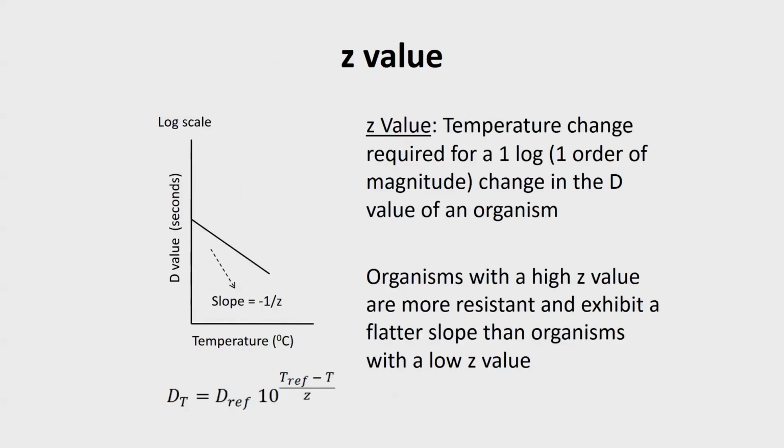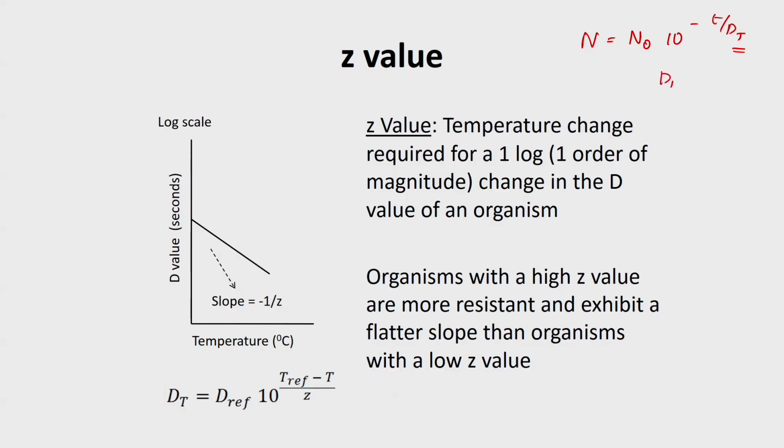Another important concept here is the Z value, right. The Z value is nothing but temperature change required for a 1 log change in the D value of any organism. For example, earlier if you see, the equation is nothing but 10 to the power of minus t upon Dt. This T I told at reference temperature, or reference temperature you can take.